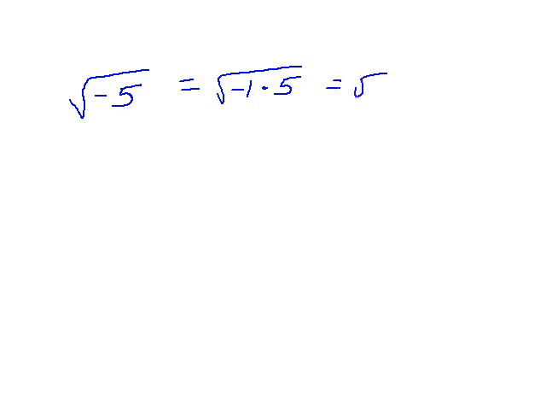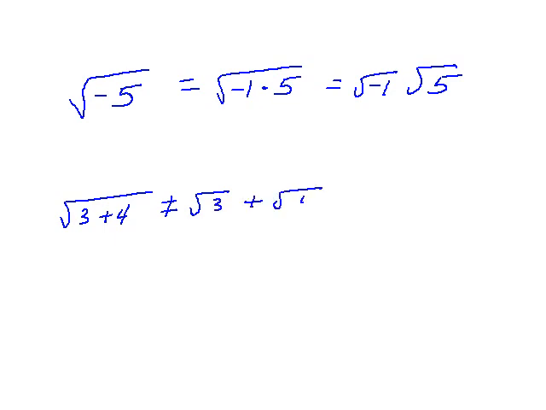So I can write this as the square root of negative 1 times the square root of 5. Remember, if it looked like this, 3 plus 4, that is not equal to the square root of 3 plus the square root of 4. But if you have 3 times 4, that is equal to the square root of 3 times the square root of 4.